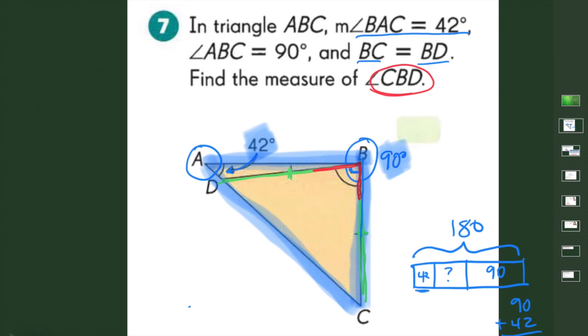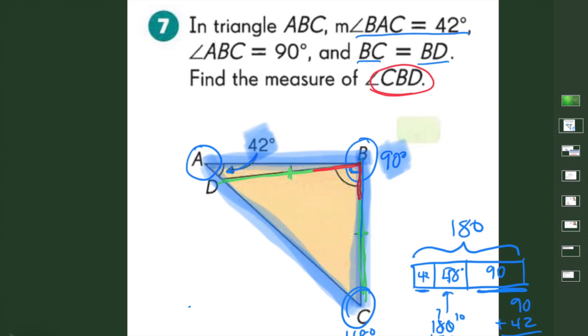So to find this missing angle, I simply need to subtract 132 from 180, and that missing angle is 48 degrees.